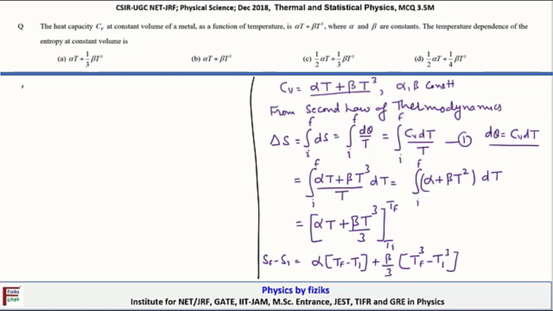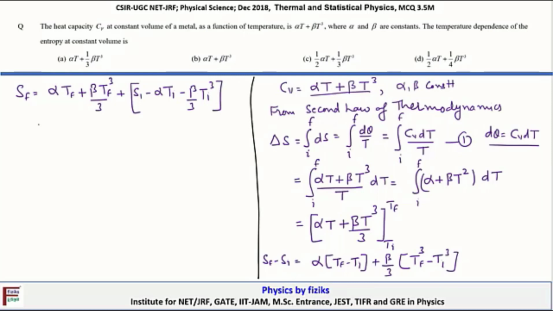S final, which is in principle a function of temperature, is equal to alpha Tf plus beta Tf cube by 3, and then I am taking Si to the right hand side, plus Si, and then the terms with Ti: minus alpha Ti and minus beta by 3 Ti cube.